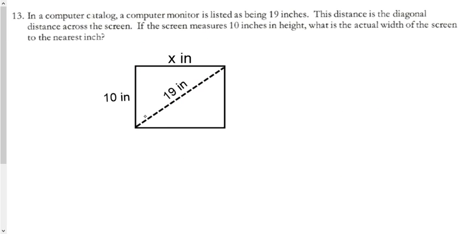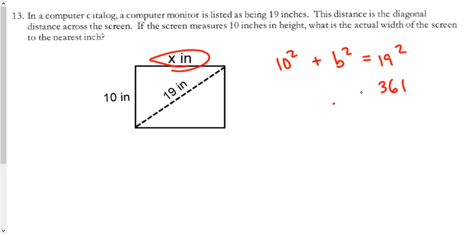13, look, it's just a monitor. We're given the diagonal. This is 10 inches by what? So it'd be 10 squared plus b squared or x squared. This is what we need to find. It's a leg. And then the diagonal is the hypotenuse. So the c would become 19, and we need to square that also. Once we square the 19, that'd be 361.